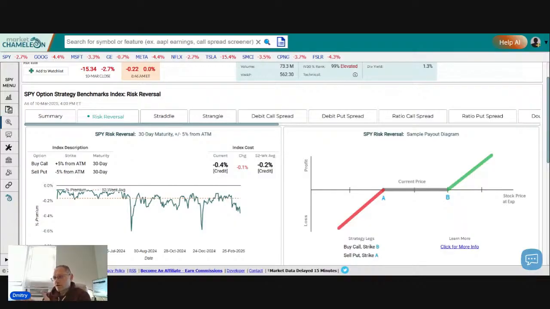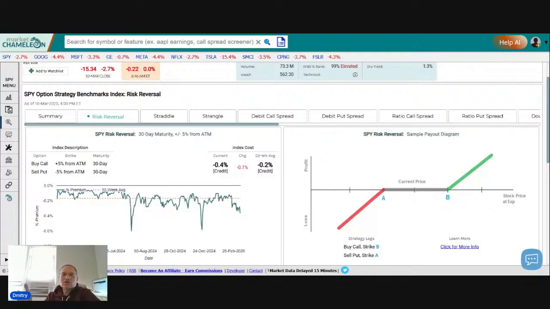Are markets, traders demanding put premium over call premium? By how much? Or is it fairly even? Or are they going in and demanding call premium, upside calls, at a higher demand than the puts? Okay, so we're going to get those insights just from looking at that risk reversal and how it's priced.